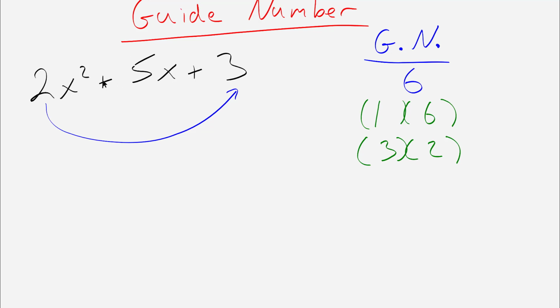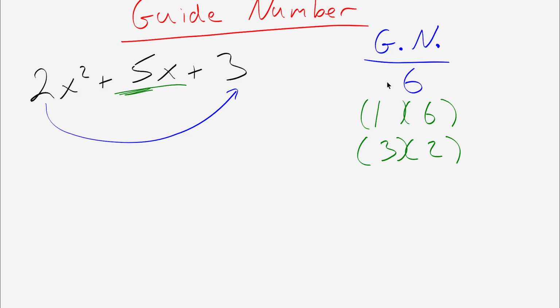Well, we look back at our trinomial and we concentrate on the middle value here, 5x. So we're really interested in the 5. Whatever set of factors we take here, we have to be able to add or subtract them to get 5. In this case, we want to add them because we have all pluses. If we add 1 and 6, we're going to get 7. That's no good. But if we add 3 and 2, we will get 5. And that's what we want.